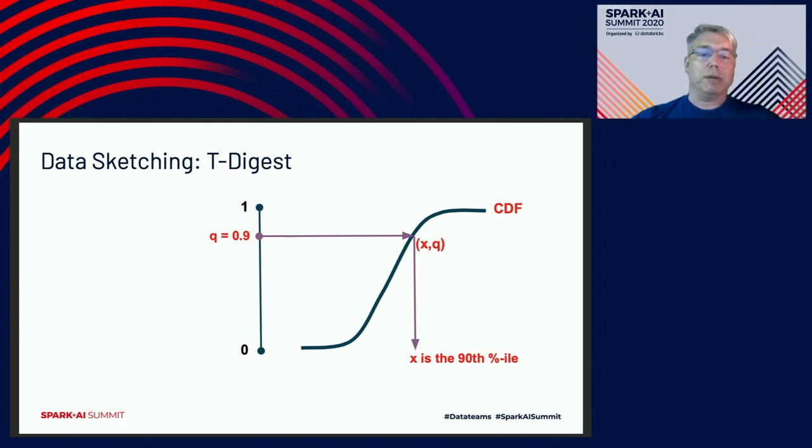An example of the kind of thing you can do with a t-digest is compute quantile values from your data very easily without actually having to store all of your data. So here in this example, you can see how we use a lookup on the compact sketch of our distribution to figure out the 90th percentile of our data.